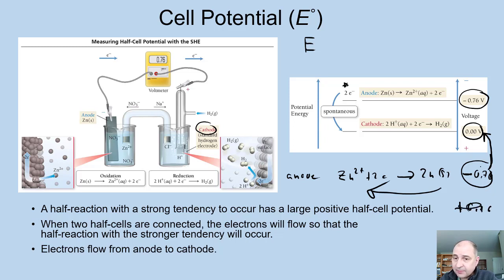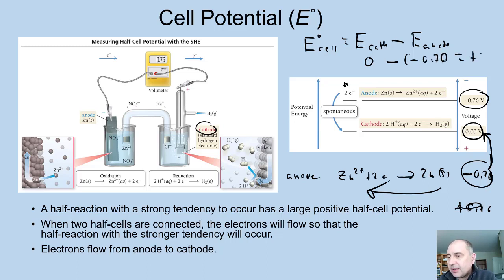Hang on. So the electron potential of the cell is going to be equal to the electron potential of the cathode minus the standard half cell potential of the anode. Right, so we have the cathode, which is 0, minus negative 0.76, which gives me a positive number, plus 0.76.